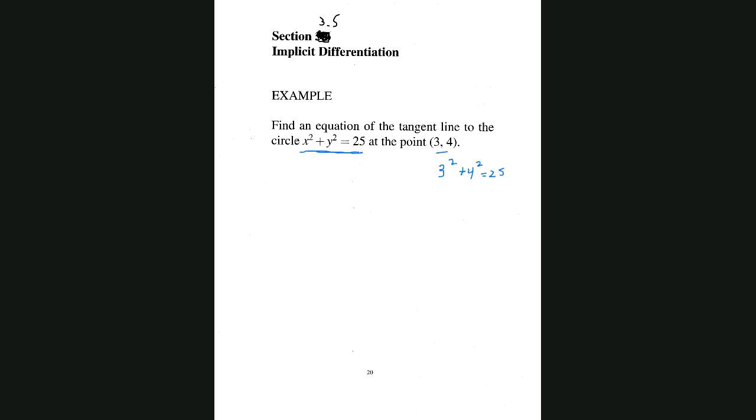Okay, so basically what we have here, I got a picture on the next page, is a circle centered at the origin with radius 5.